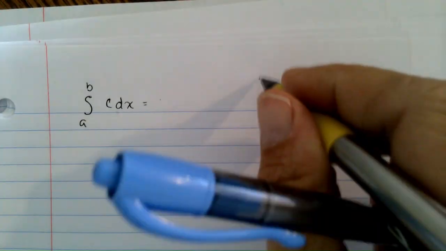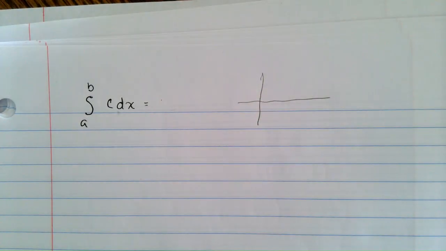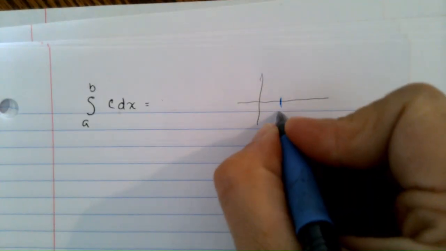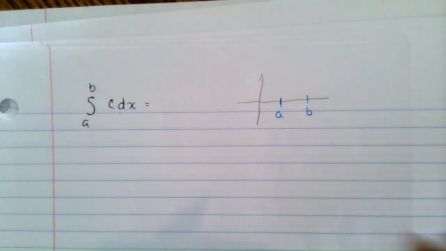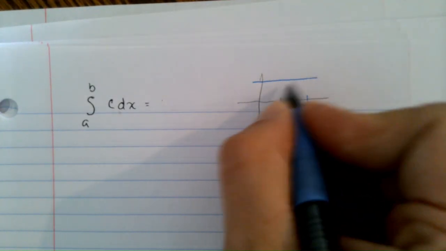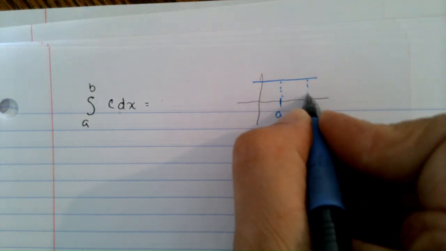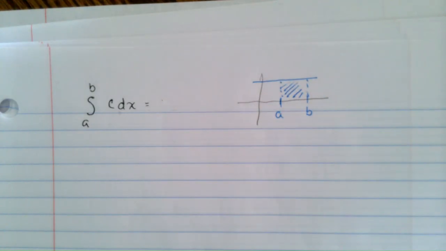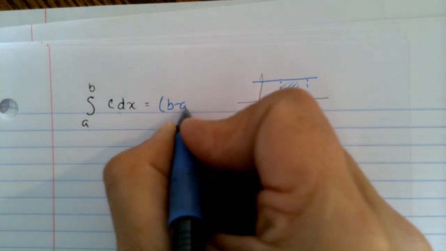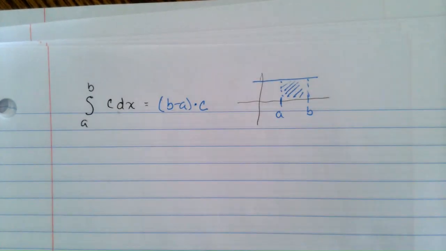Okay, so what that's saying is the area under the curve of a constant. Let's say our constant, here's our a, here's our b. Well, if our graph is constant and we're getting the area under the curve, isn't that just a perfect rectangle? Yes, it is. We can just find out how wide that rectangle is, multiply it by the height, and call it good.